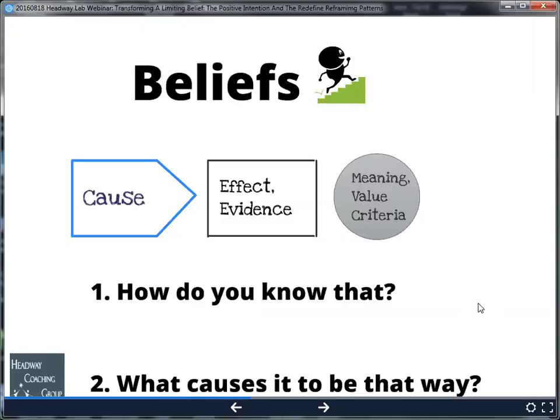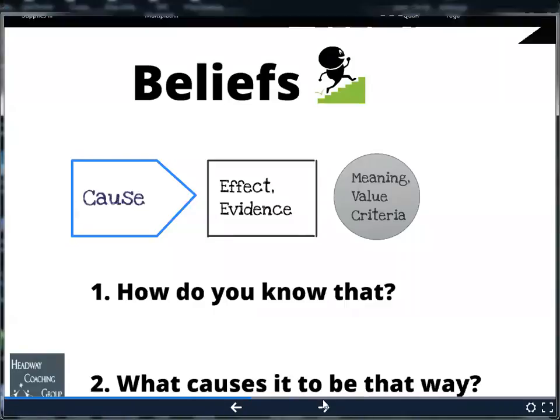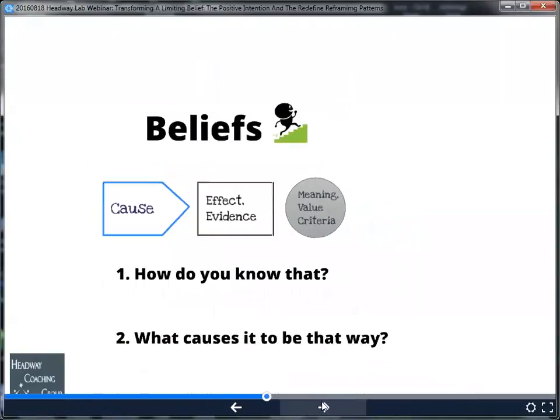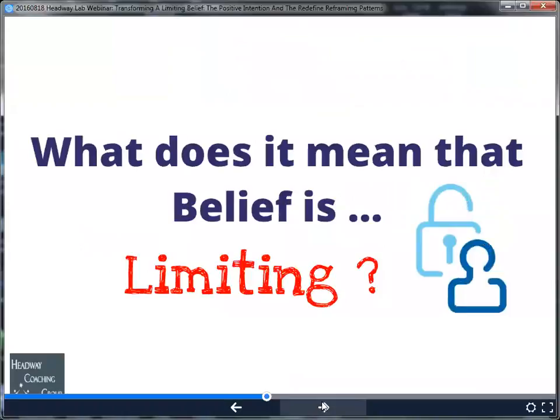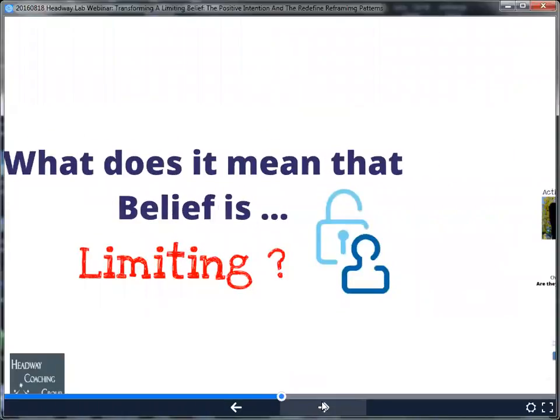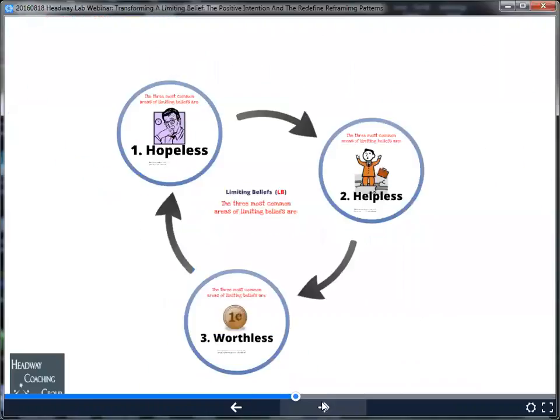And by asking a simple question, how do you know that, or what causes it to be that way? You could ask it several times, and as a result, you're going to get a belief cluster. And you could already see, depending on how beliefs are structured, what level of complexity you could expect from certain limiting beliefs.